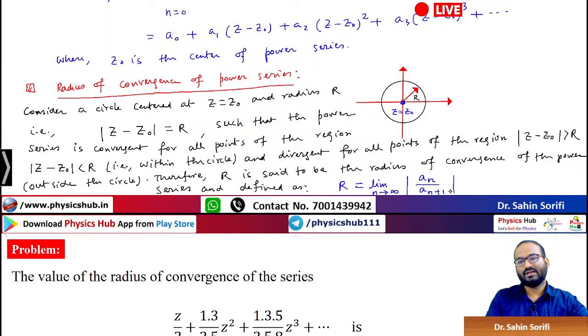What is this a_n and a_(n+1)? a_n is this coefficient, okay? So a2 and a3. For higher values of n, you have to take the ratio of a_n and a_(n+1) and put n equals infinity to evaluate the value of the radius of convergence. Is it clear, guys?